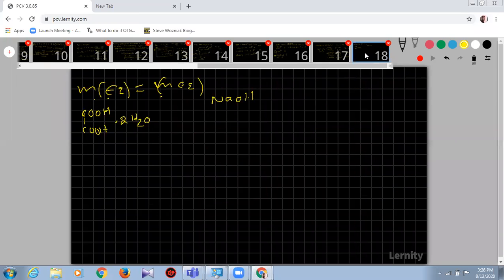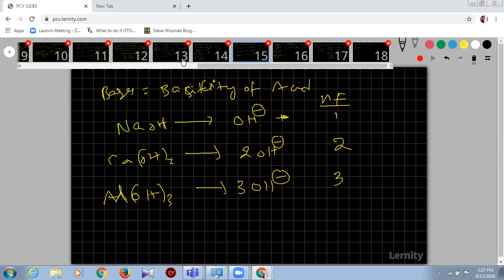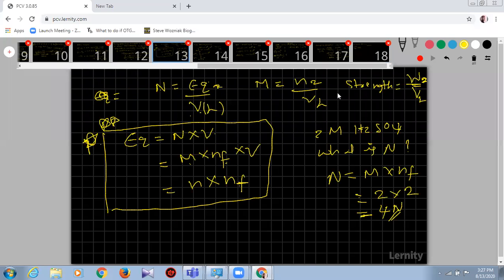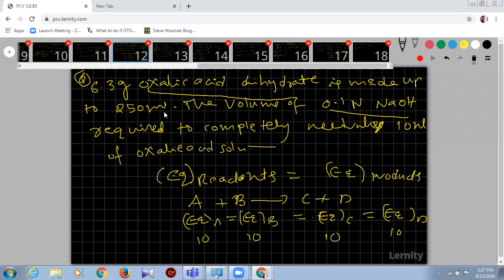Be very careful based on the data they mention. Now, what is the data mentioned here? 6.3 grams was mentioned. So first I will calculate the normality. What is the problem given? 6.3 gram of oxalic acid dihydrate is made up to 250 ml.